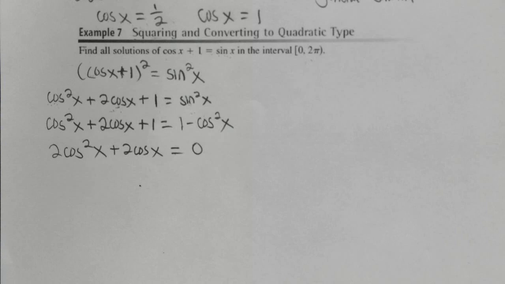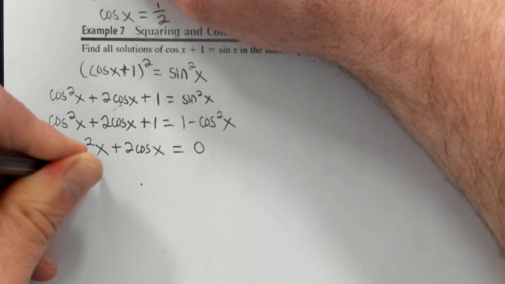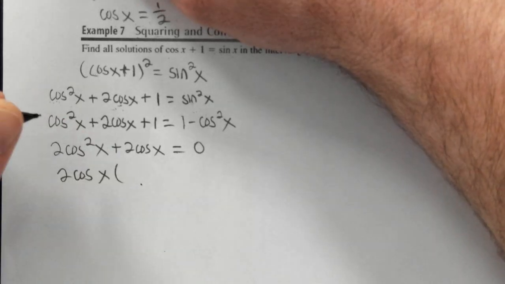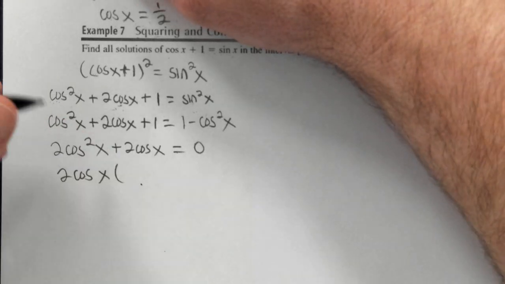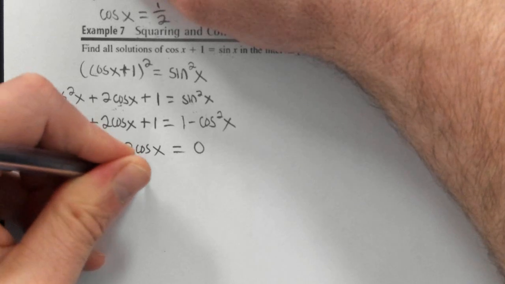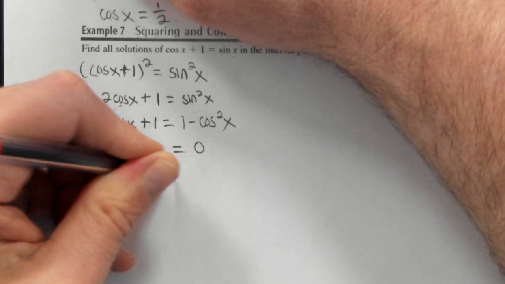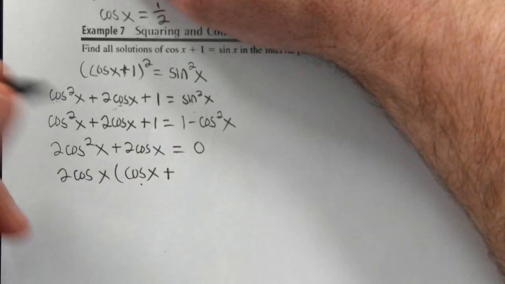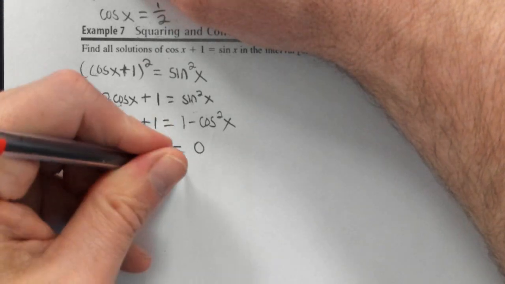From here, probably the best thing to do would be to factor out a 2 cosine x. When I factor out a 2 cosine x, what's it leave me with? In the first one, we're just left with cosine x plus, and 2 cosine x divided by 2 cosine x is just 1.